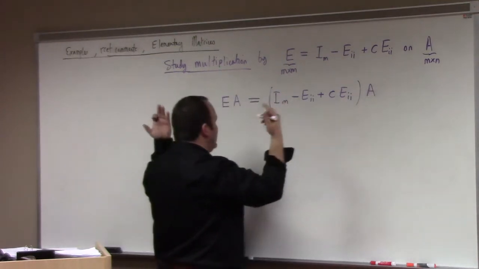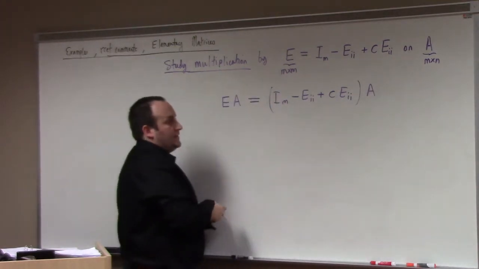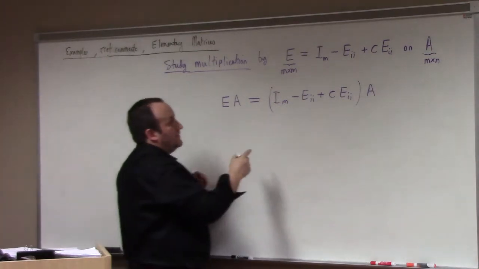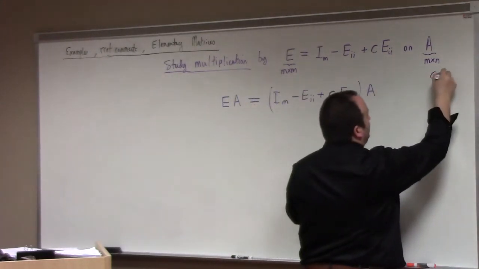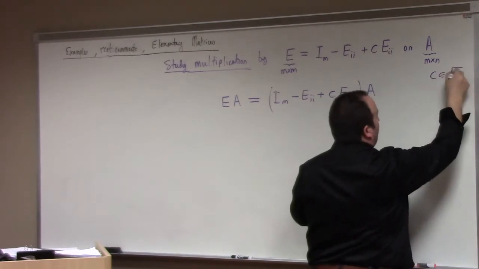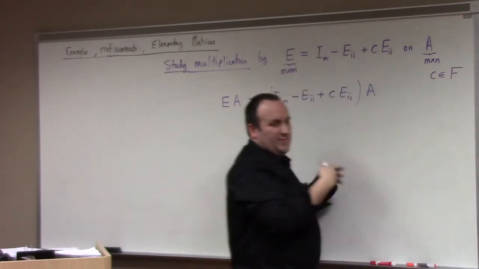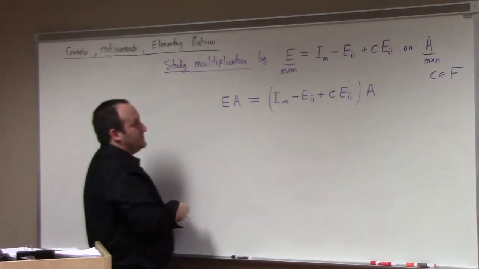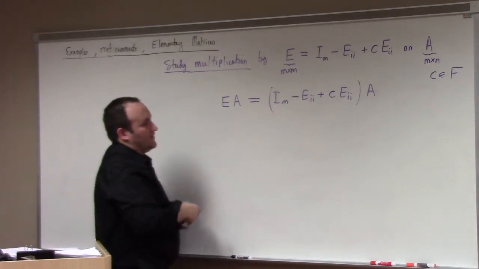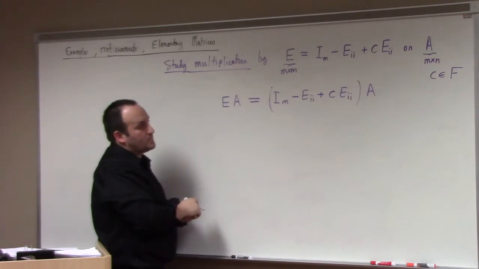What's this E matrix do to A? Let's figure that out. Here C is a number. C is an element of a field we're working over, whatever that is. It could be a real number, complex number, one of these Z mod 7 deals, whatever. It's a scalar, a number.